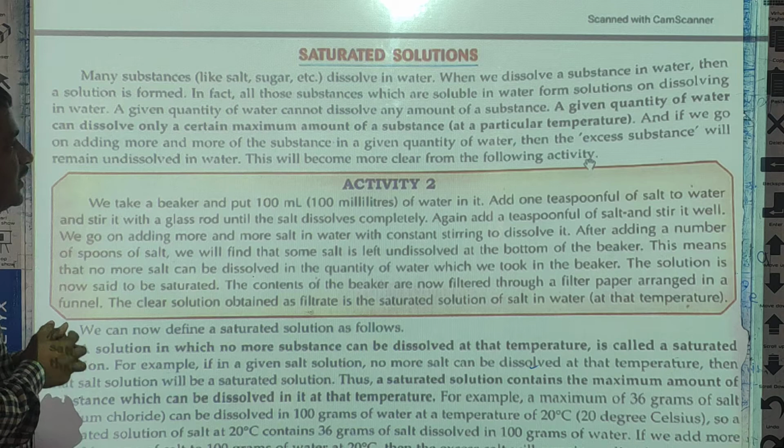After some time, the sugar particles dissolve in water and they disappear. Again, a second time you can add 1 more teaspoonful of sugar and stir with the spoon. What happens? Again that one more teaspoonful of sugar will dissolve in water. Like this we can do it 2-3 times.